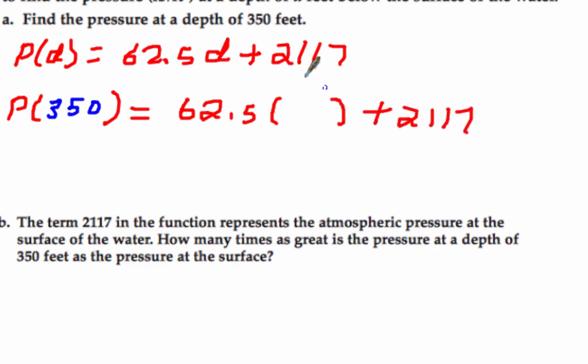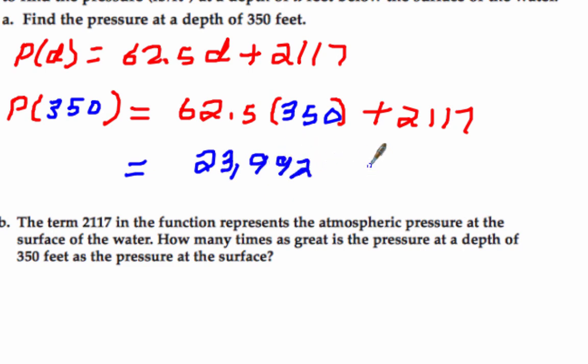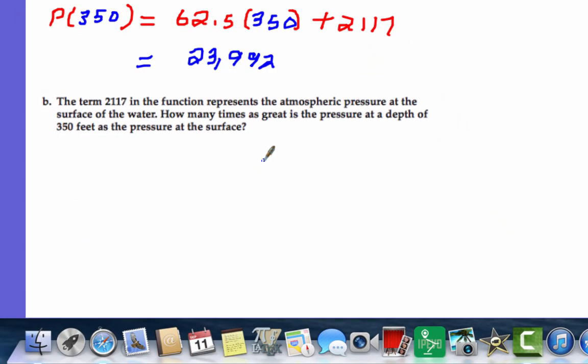Okay, and we'll plug in 350. And then when you simplify, we'll use a calculator to do that. And we end up with a value that's approximately 23,992 pounds per square foot.